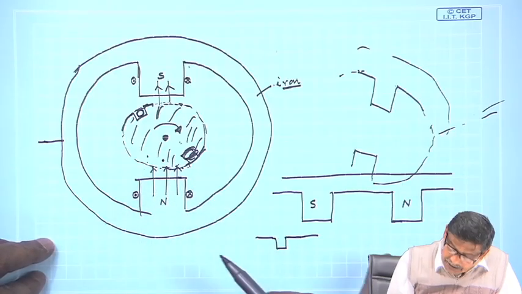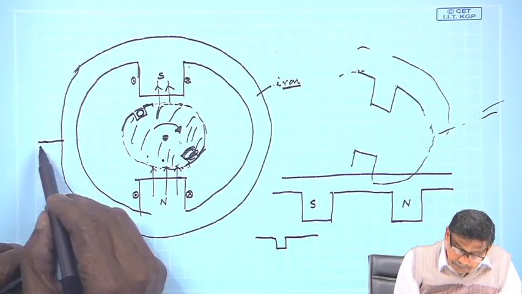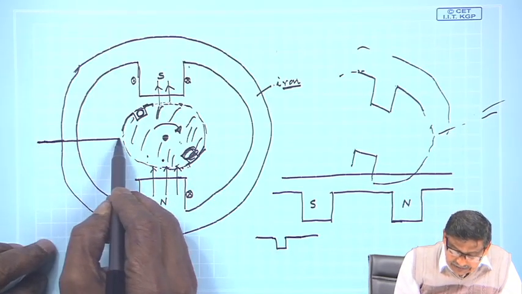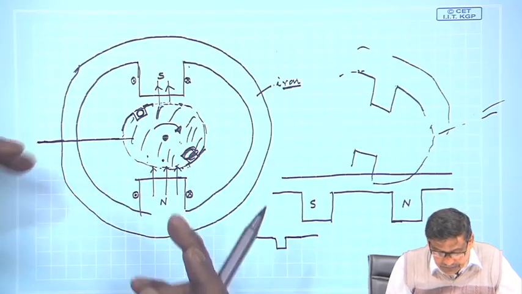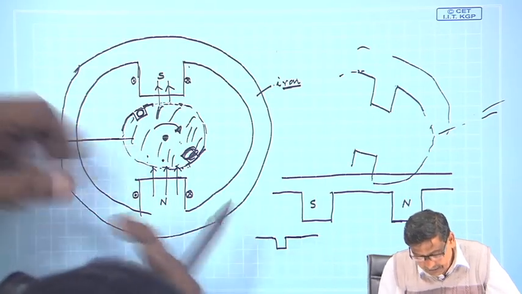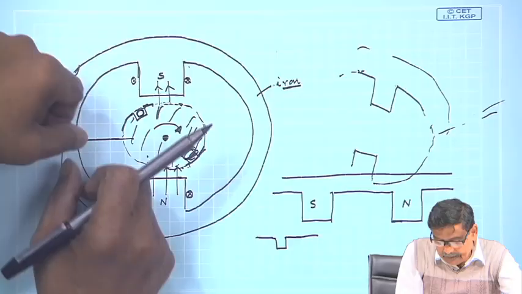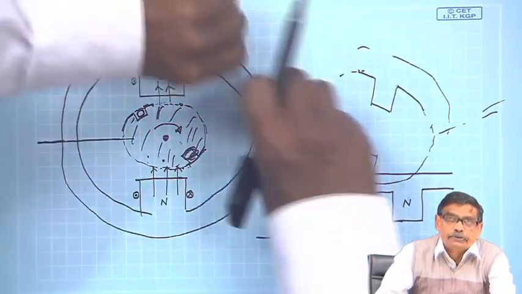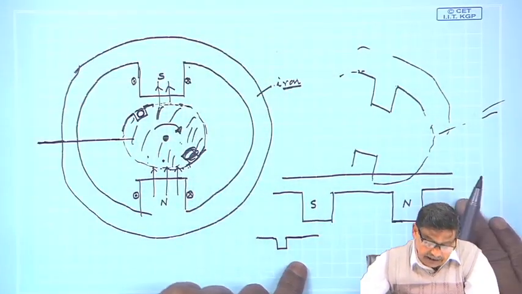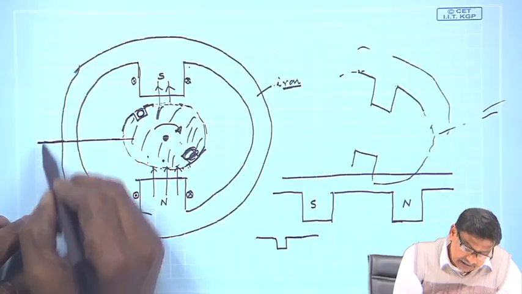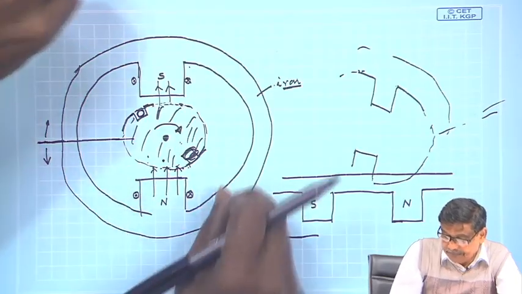So, what I am essentially doing is I am cutting this. You imagine you have cut this with something, you have cut it and unwrapped it like this and you will get this, that is you cut it and unfold it.